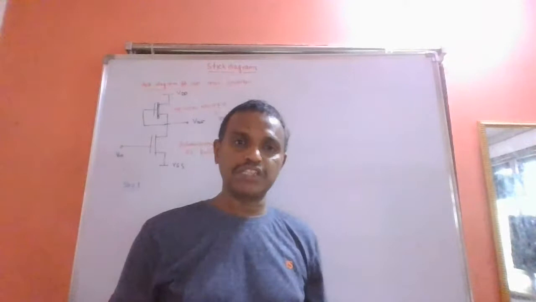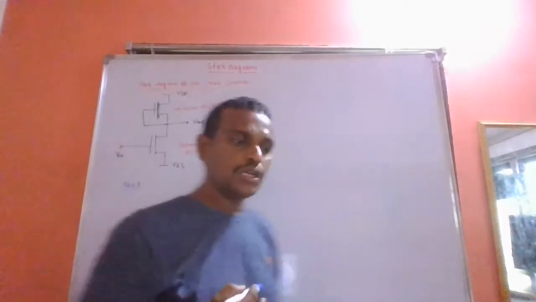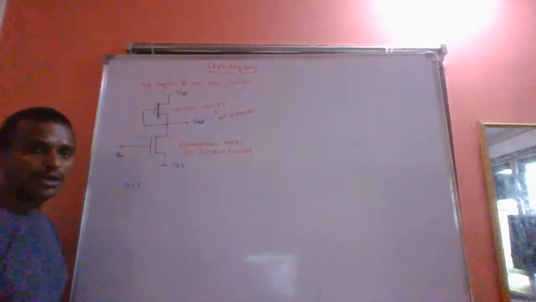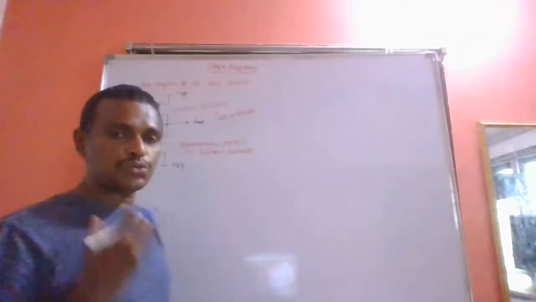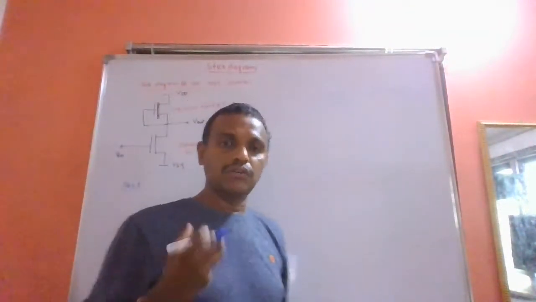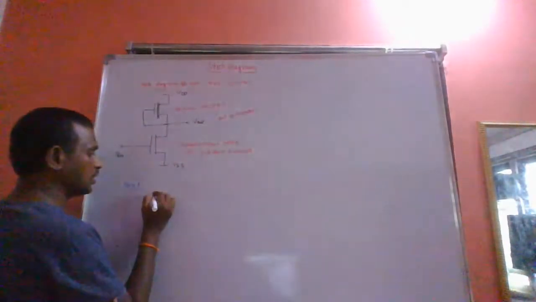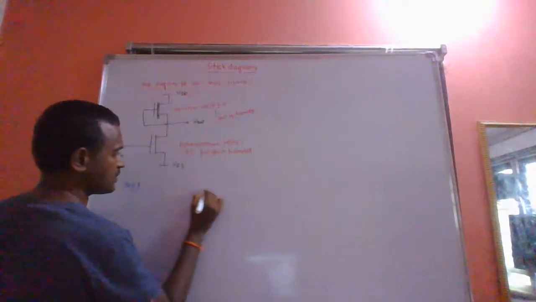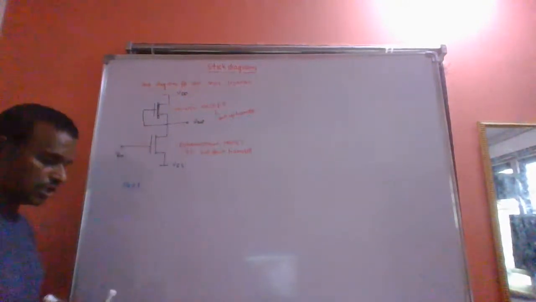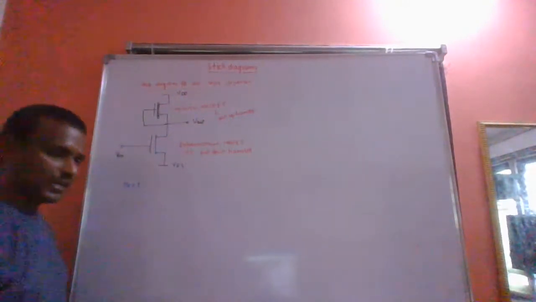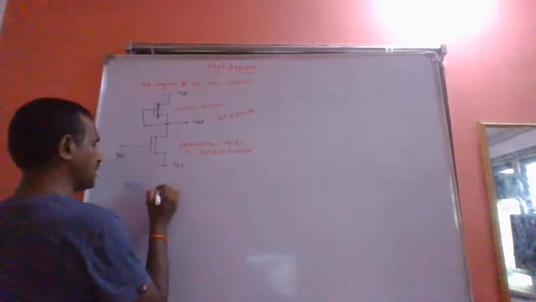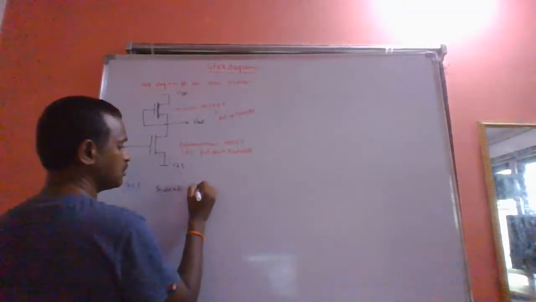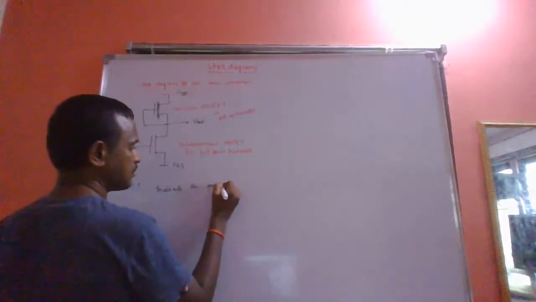Therefore, while drawing the stick diagram, first we will draw VDD and VSS. The first step is to draw, or indicate, the power supply rails.